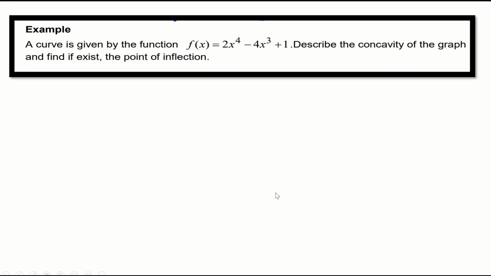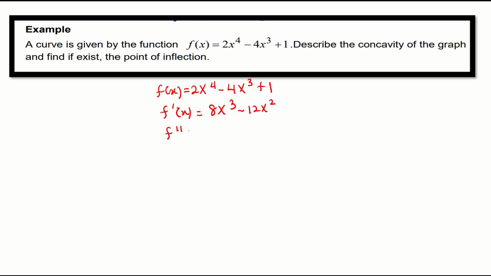We start by differentiating the function. y equals f(x) equals 2x to the power of 4 minus 4x cubed plus 1. f prime of x equals 8x cubed minus 12x squared.